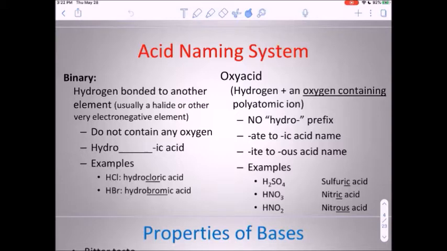So for example, I have H2SO4, SO4 being sulfate, so -ate to -ic, that's sulfuric acid. HNO3, NO3 being nitrate, -ate to -ic again, it's going to be nitric acid. HNO2, that's nitrite, -ite ending. That's going to change to -ous, so it's nitrous acid. So that's your naming system for when you're talking about acids.